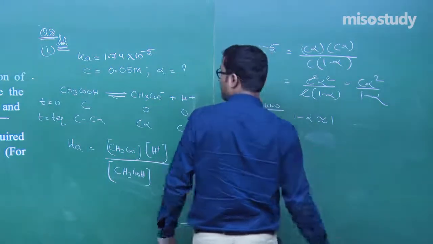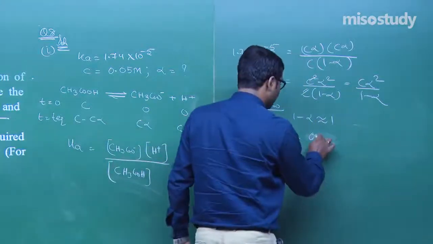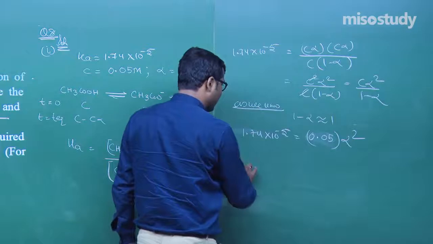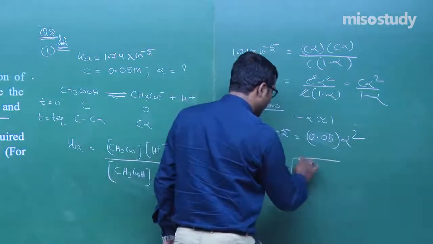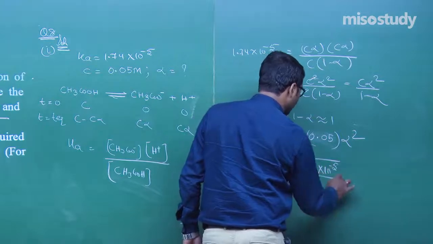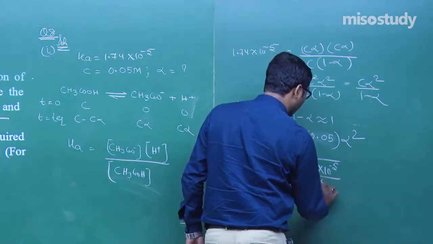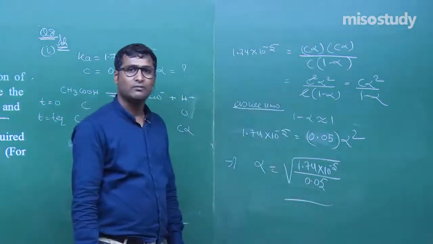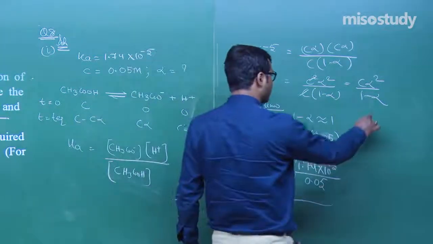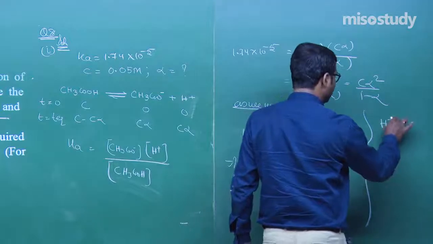What is C, my friend? C is given, 0.05, and alpha square. So what is alpha, my friend? Alpha is root under 1.74 into 10 to the power minus 5 divided by 0.05. This is the degree of dissociation. Now we know the next part. What is the H plus ion concentration?